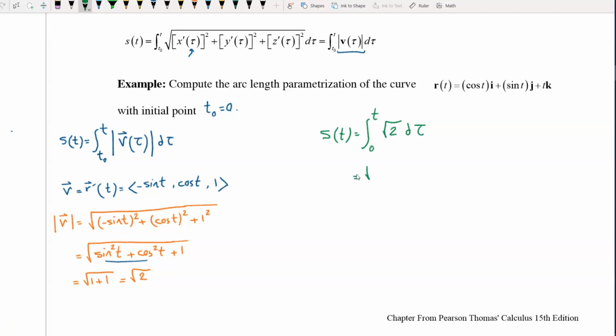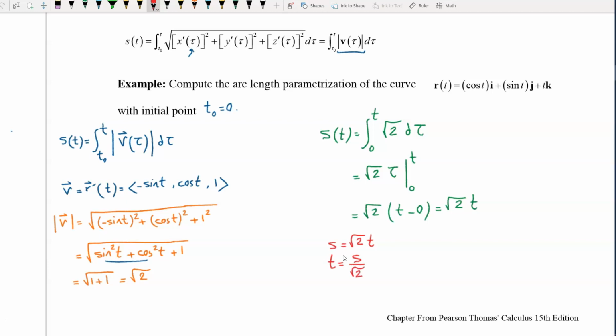So this is equal to square root of 2 times tau, from 0 to t, which is square root of 2 t minus 0, equal to square root of 2 times t. So here we have s equal to square root of 2 times t, and t is equal to s over square root of 2.